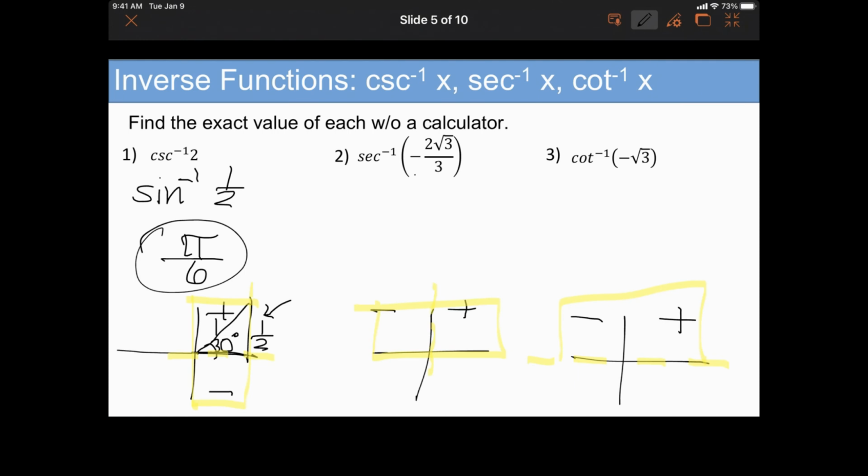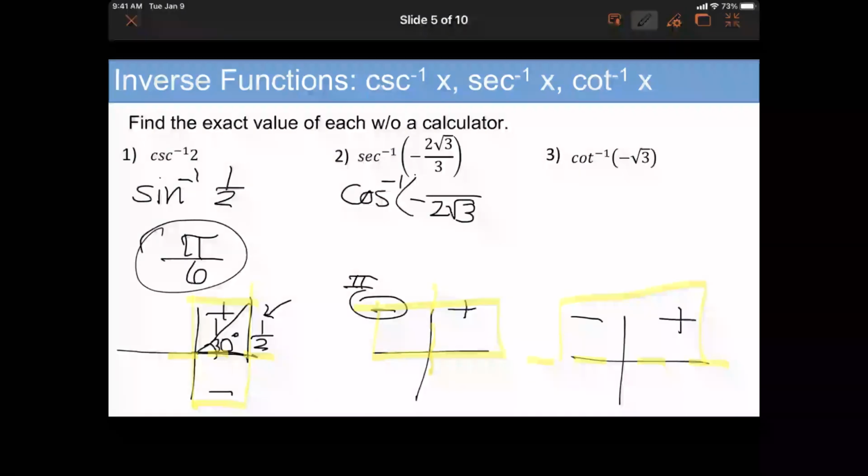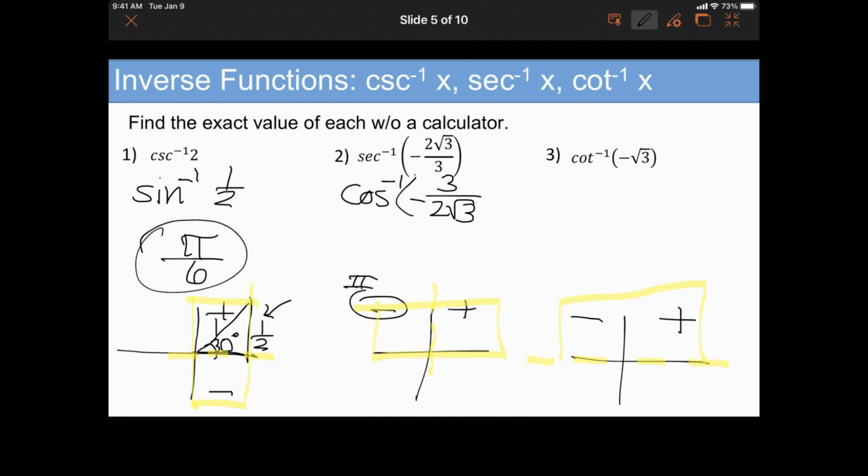Cosecant is negative, so it's going to be in this quadrant, 2. Now, when you do this, you're maybe like, oh, Ms. Mendoza, how do we do the reciprocal? Okay, well, let's just try it. Let's just try doing the reciprocal and see what that looks like. Okay, so we don't like the reciprocal there, so I'm going to multiply by the reciprocal and see what happens to that.